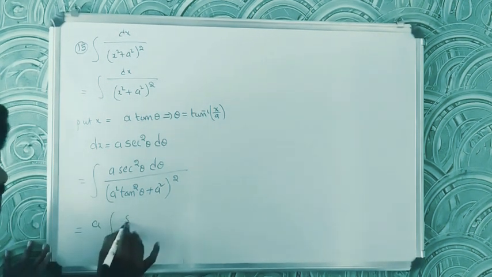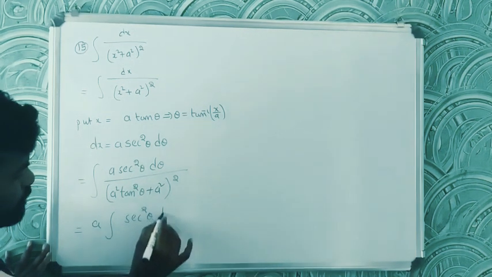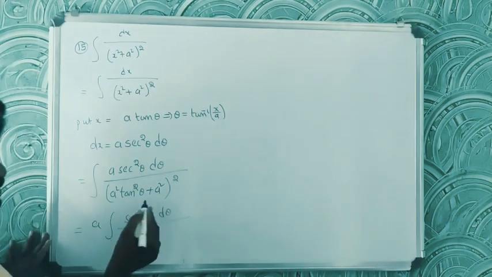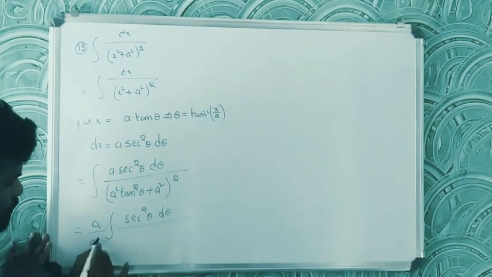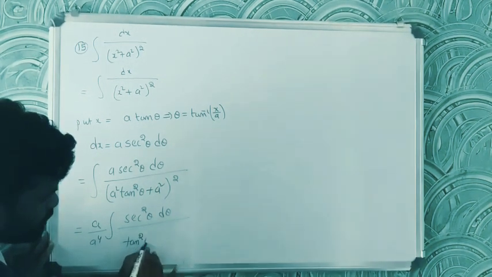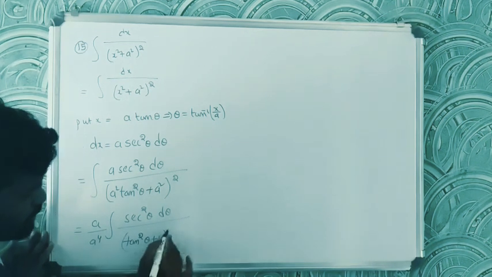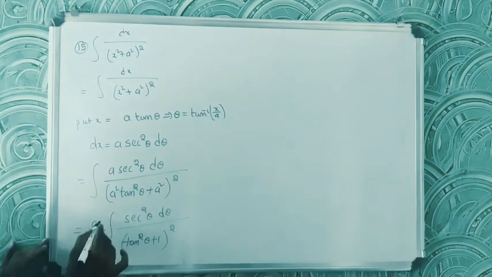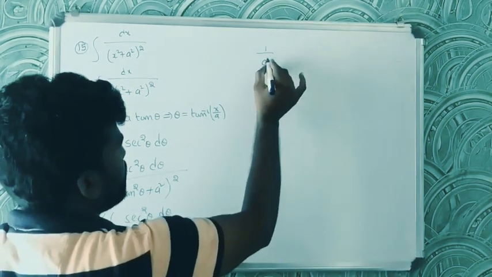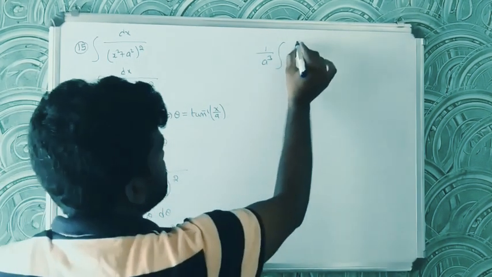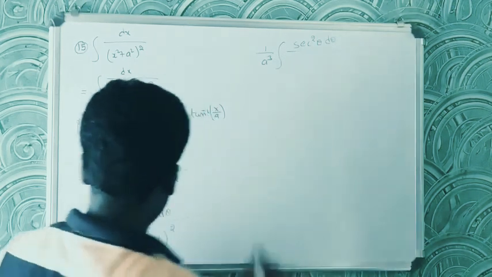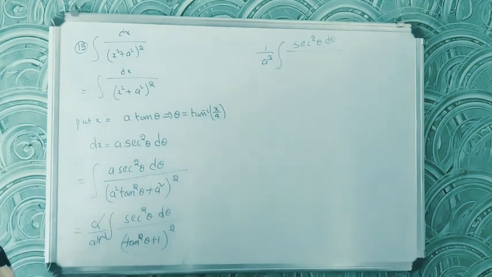Let us take a common in the numerator: secant square theta into d theta by, taking a square common from the denominator, a square whole square is a power of 4. Write a power of 4 in front, remaining tan square theta plus 1. a cancels with a power of 4, leaving 1 by a cube. Integration of secant square theta into d theta by, here 1 plus tan square theta is secant square theta.